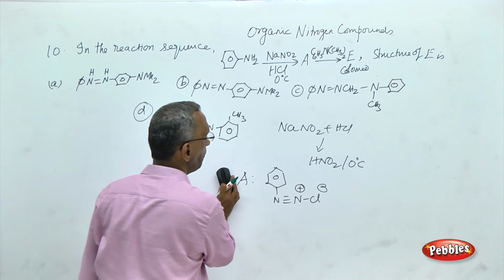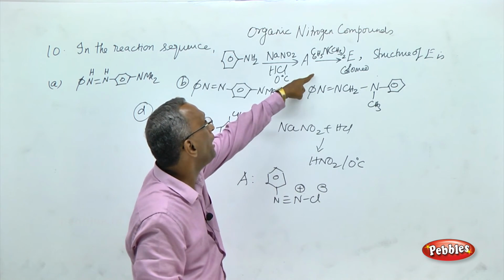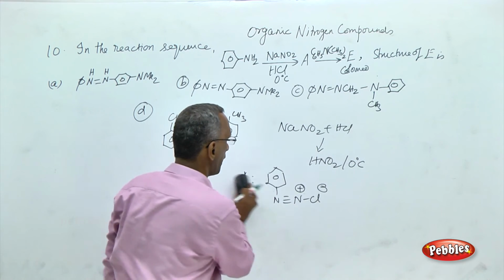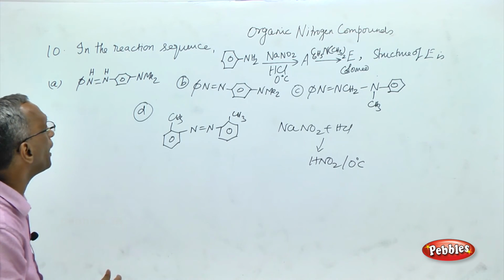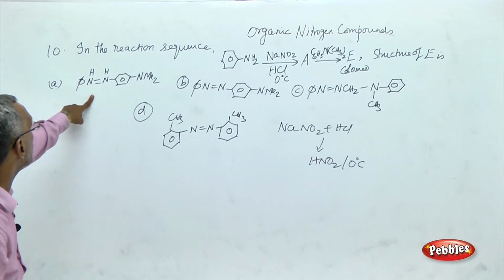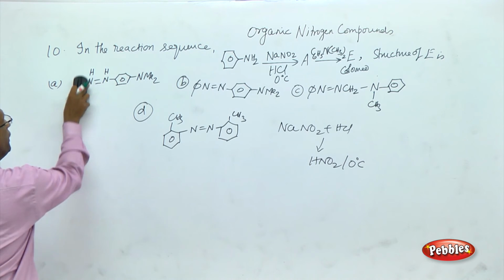Now this benzene diazonium chloride is subjected to another compound. Here it is given as colored, and colored means dye. Dye means it is a coupling reaction. So benzene diazonium chloride undergoes a coupling reaction. All are coupled products.